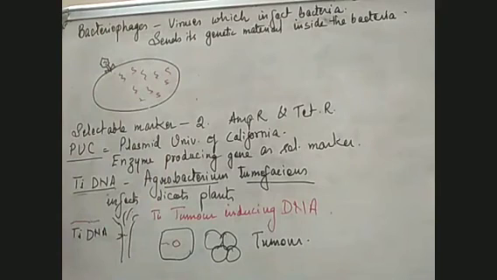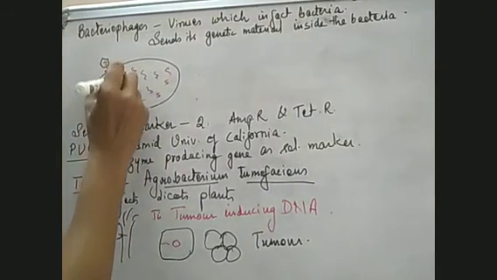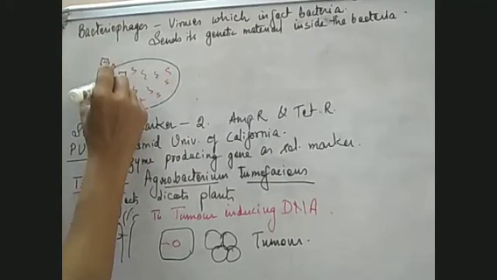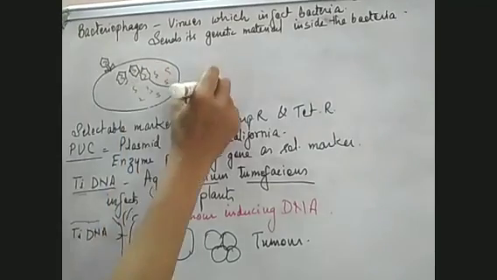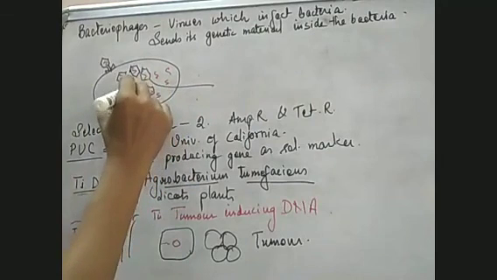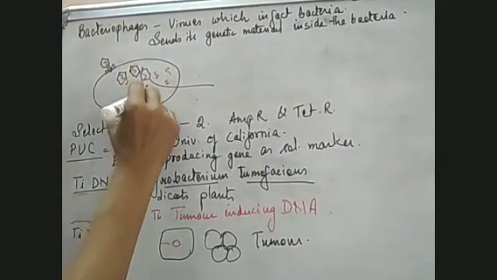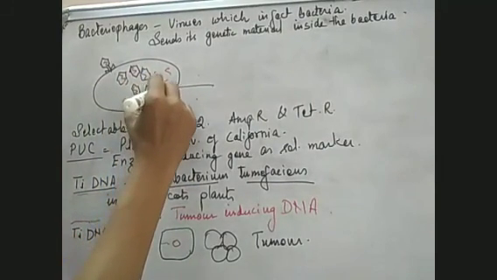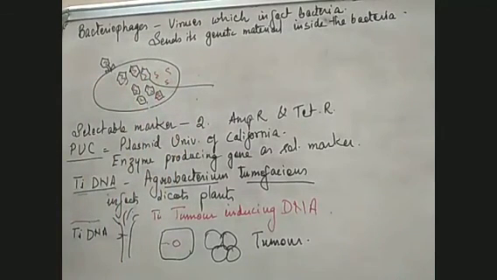Then a head is formed. Multiple copies are made, and these are then released out so that they can infect more. This is what happens when a bacteriophage infects a bacteria.